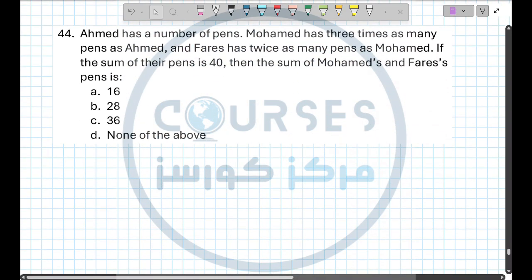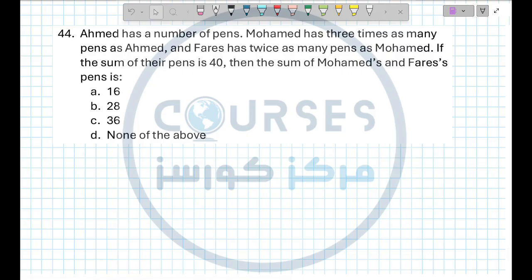Ahmed has a number of pens. Muhammad has 3 times as many pens as Ahmed, and Faris has twice as many pens as Muhammad. If the sum of their pens is 40, then the sum of Muhammad's and Faris's pens is?